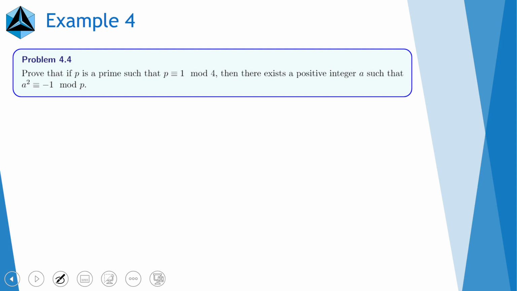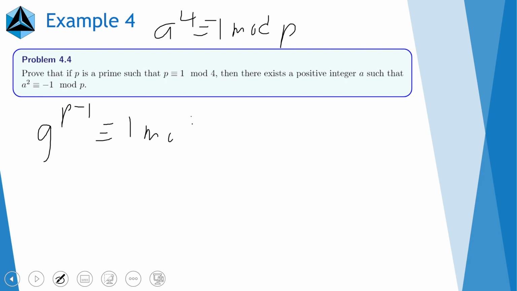Our statement here implies that a to the 4 is congruent to 1 mod p, because we can just square both sides. Recalling our definition of primitive roots, we know that if g is a primitive root, then g to the p minus 1 is congruent to 1 mod p.